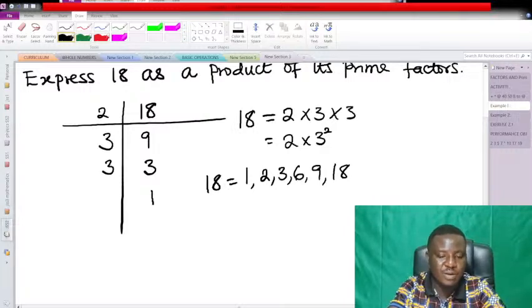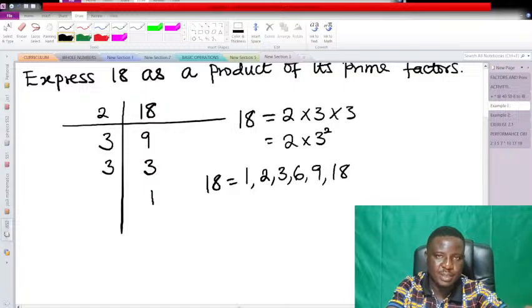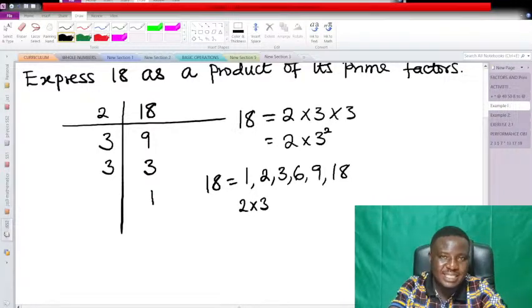I'm showing you a different method of getting this. When you have listed out all the factors of 18, then look for those factors that are prime. Factors that are prime in here are 2 and 3. If you look at it, 2 times 3 is 6. If you multiply it by another prime factor, 3, it gives you 18.